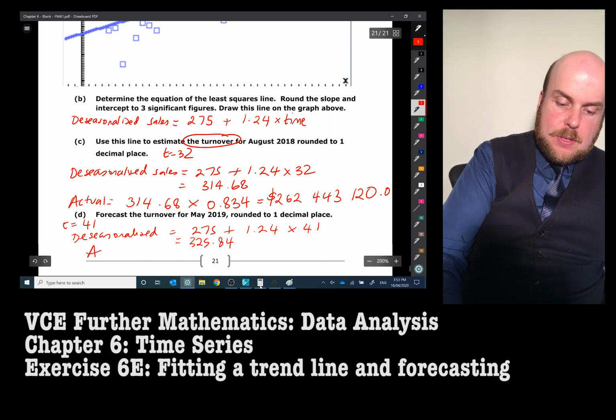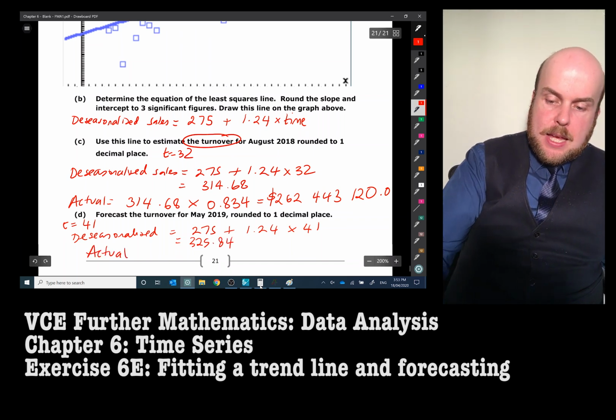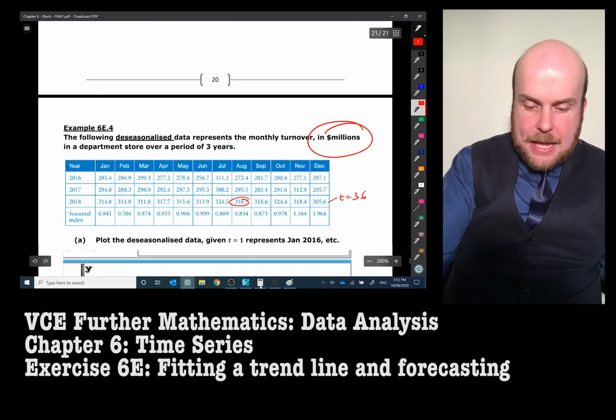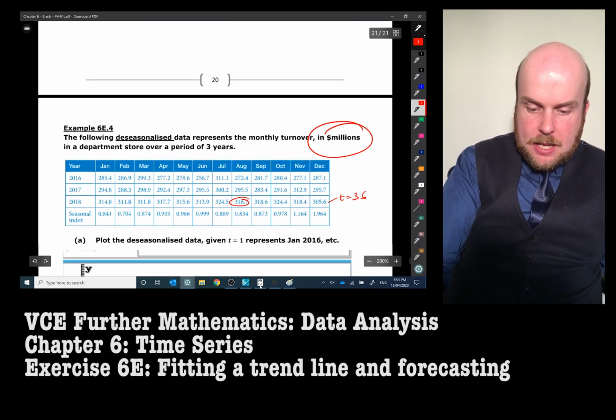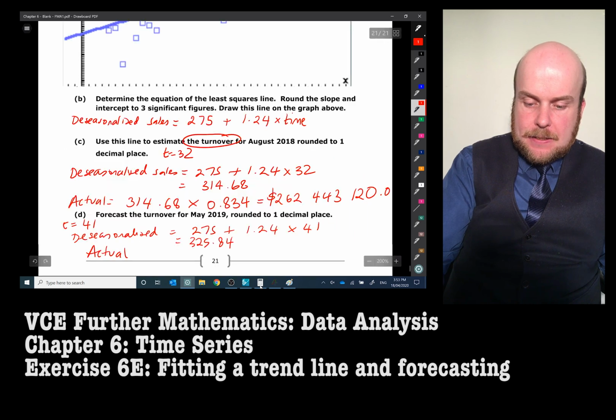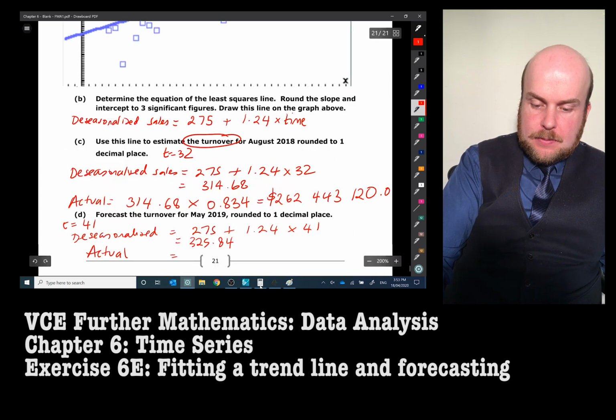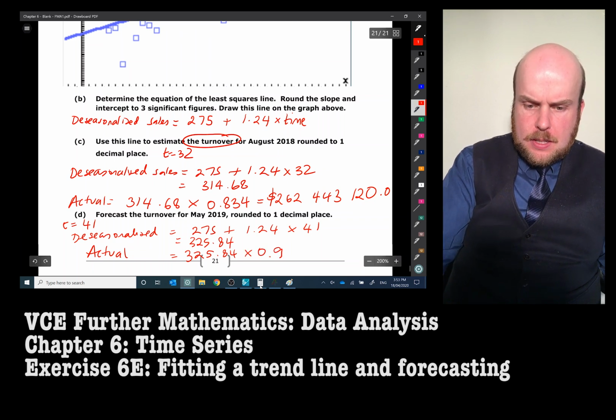1.24 times 41 plus 275 is equal to 325.84. So the actual for May, what's the seasonal index for May? It's 0.966. Is it 966? Yes, 966.